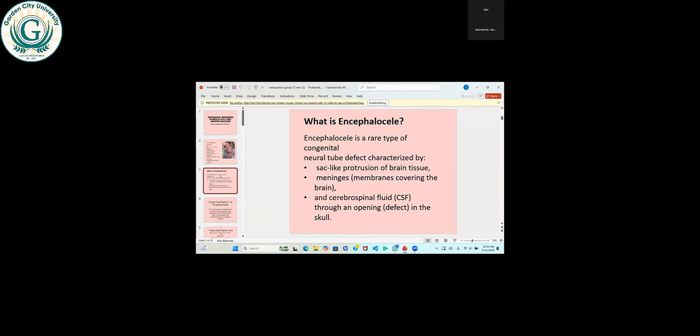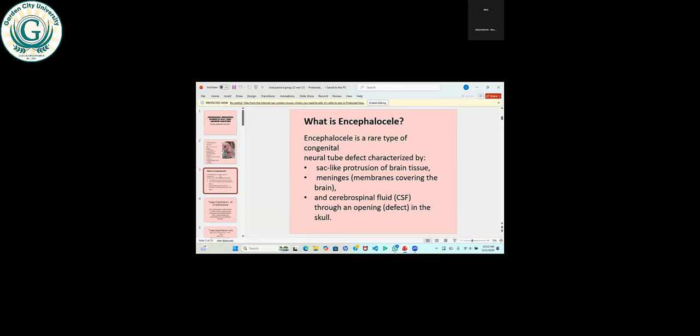We are group 22. We are presenting on encephalocele, and I'm Florence. Encephalocele is a rare type of congenital neural tube defect, which is characterized by a sac-like protrusion of brain tissue.